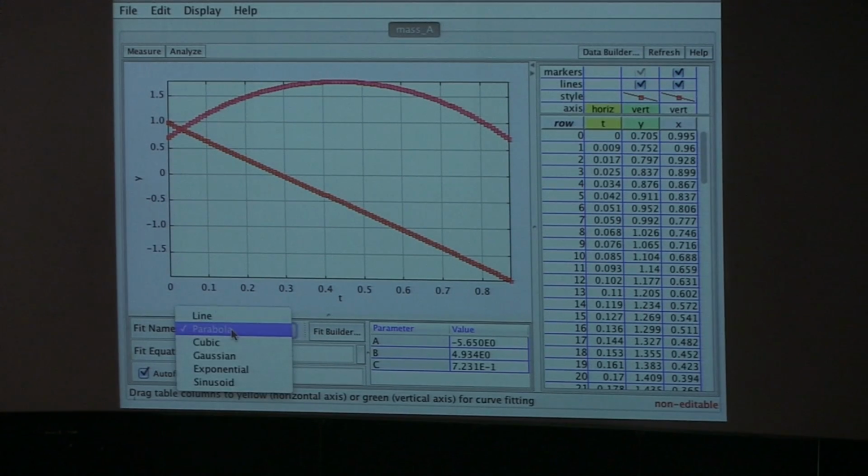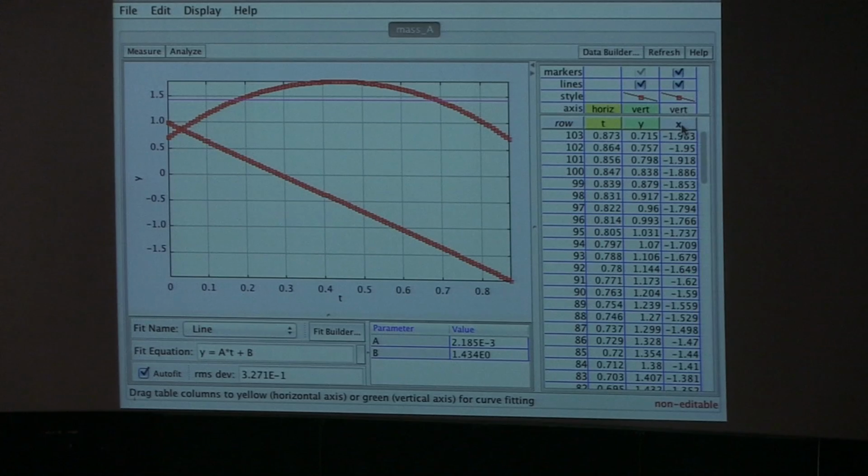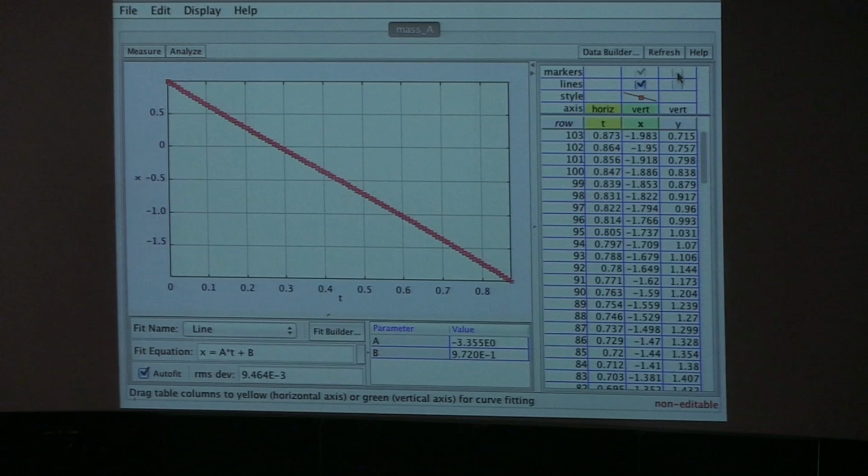Now for the linear line, for the x coordinate, so let me remove the y coordinate. So it is, well, this number over here, the smaller it is, the better the fit is. So it is almost a perfect line.